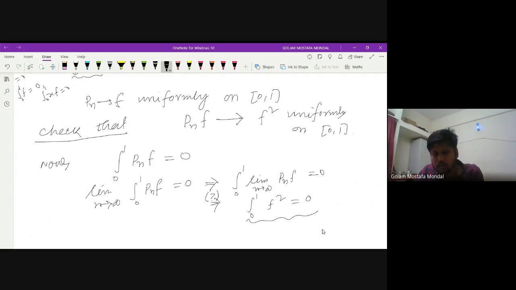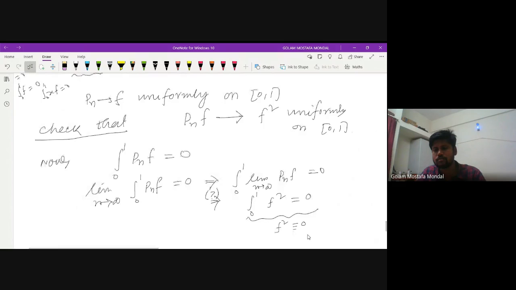What does it mean? Now from here I can say that the integral of f square equals 0, identically. Is it okay?